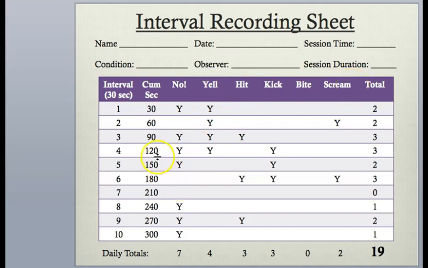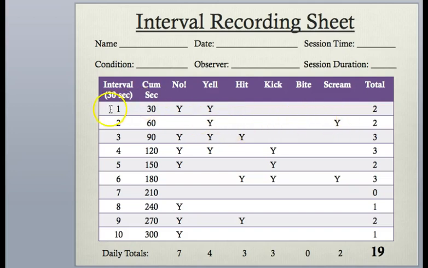And so when I'm gathering my data, every 30 seconds, I'll start my MP3 player, and after 30 seconds, I will record whether or not the behavior has occurred in that 30-second window. And I do that for all of them. So I'm going to watch during that 30 seconds and determine whether or not the behaviors occur, and then when the beeper goes off, I will have time to go in and record yes, yes, yes, whatever. And then I observe for another 30 seconds, and I get another recording.